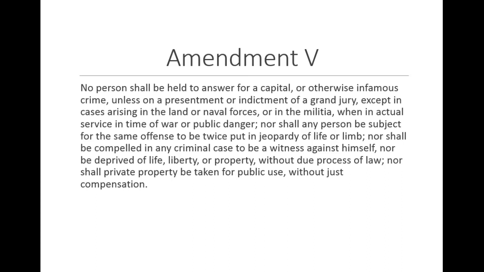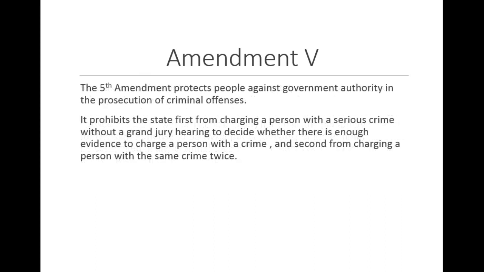The Fifth Amendment protects people against government authority in the prosecution of criminal offenses. It prohibits the state first from charging a person with a serious crime without a grand jury hearing to decide whether there is enough evidence to charge a person with the crime, and second, from charging a person with the same crime twice.